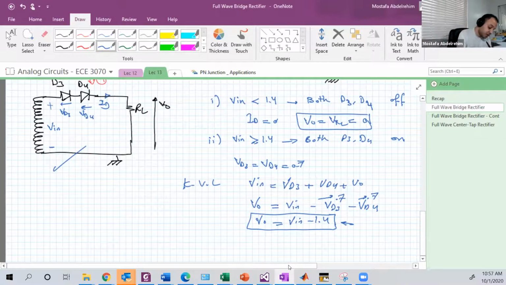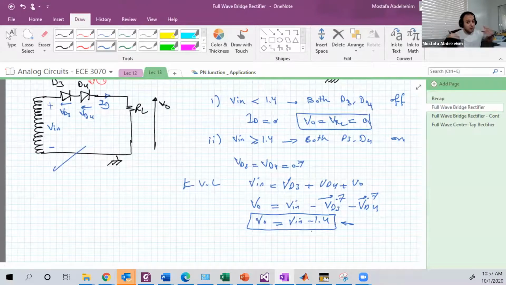Yes, so the bridge is actually better. The cut is 1.4 there and here the cut is 0.7, but usually this 1.4 or 0.7 is very small compared to the huge amount of Vmax.